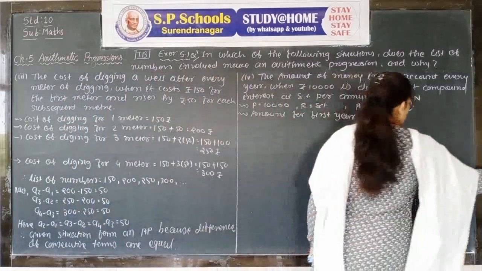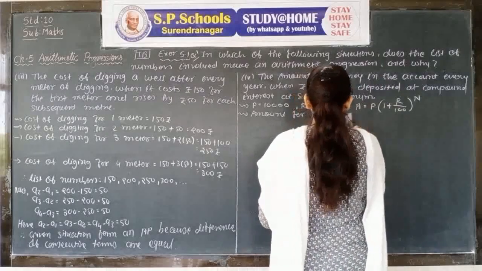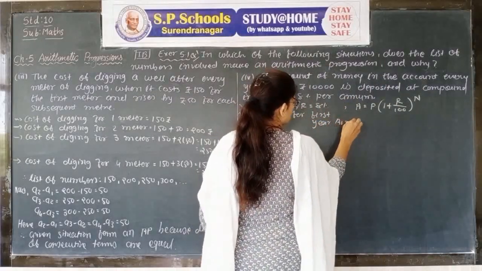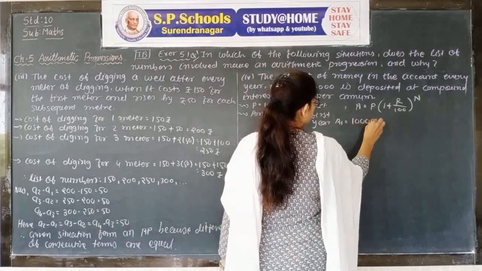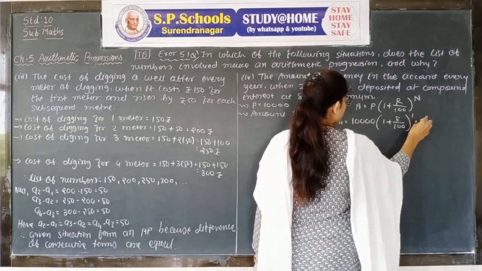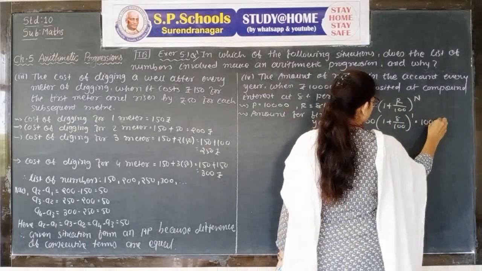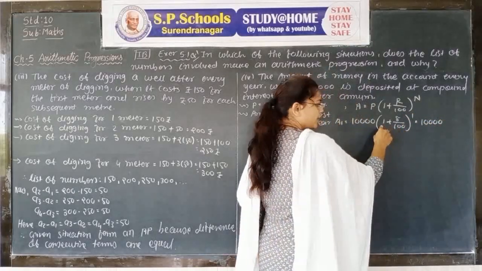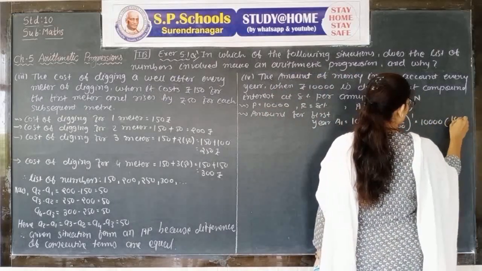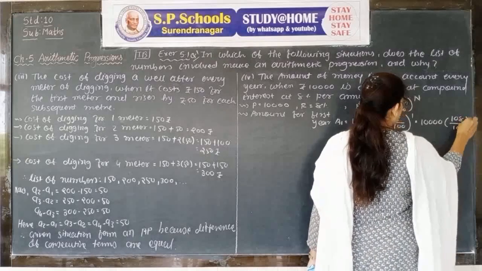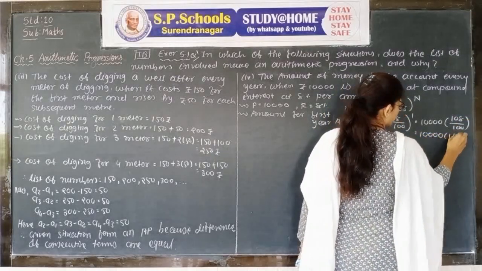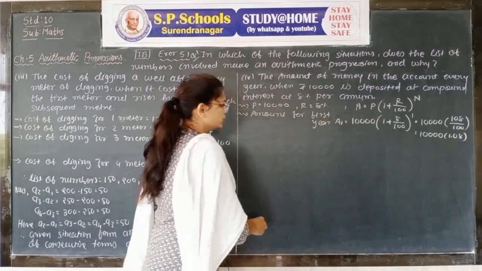For the first year, suppose A1 is equal to P, which is 10,000, into 1 plus R, which is 8, upon 100, power n, meaning 1. We have to take the LCM: 100 ones are 100 plus 8, which is 108. So 108 upon 100 is 1.08, and A1 is equal to 10,000 into 1.08, the amount for the first year.